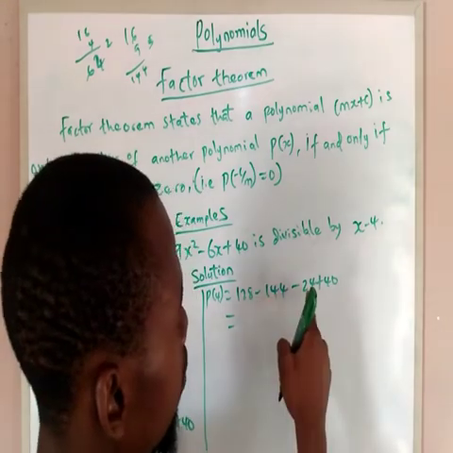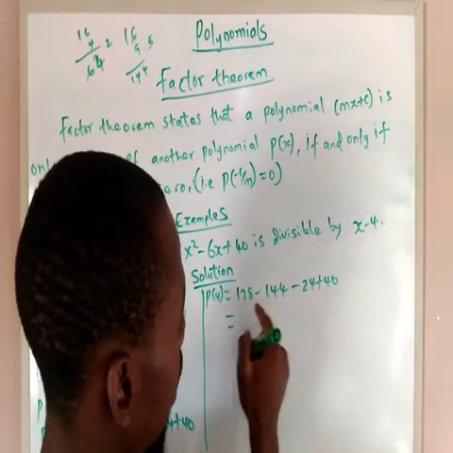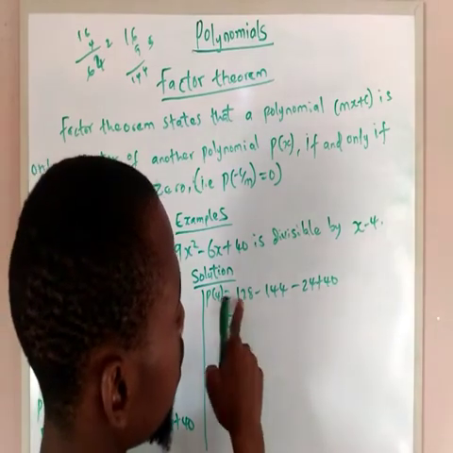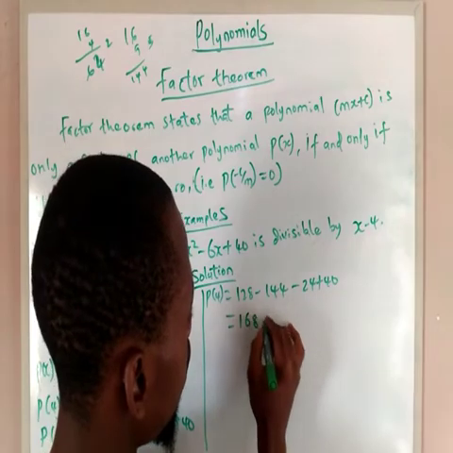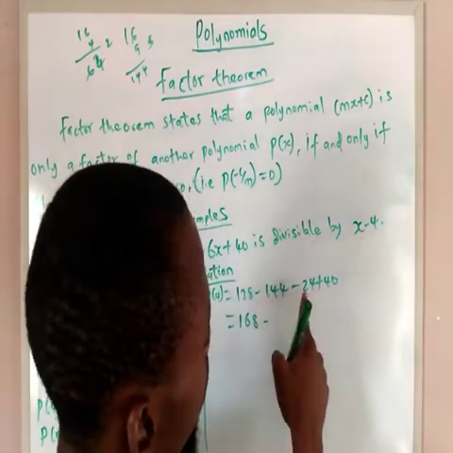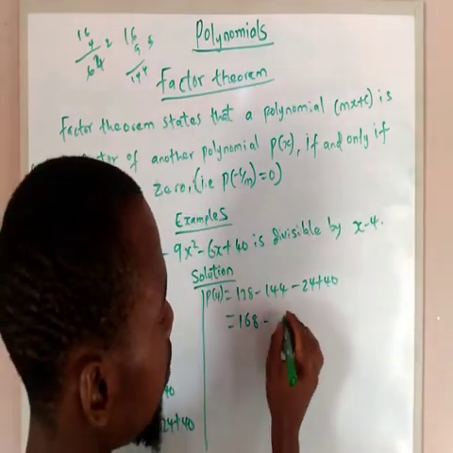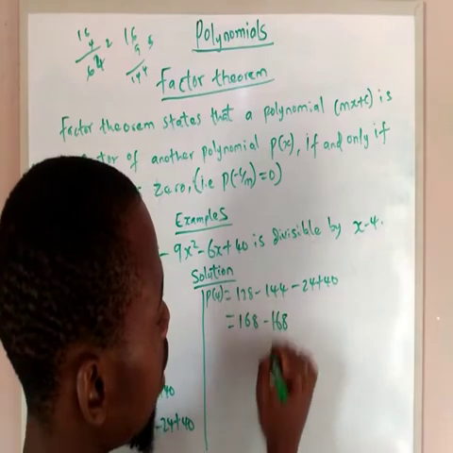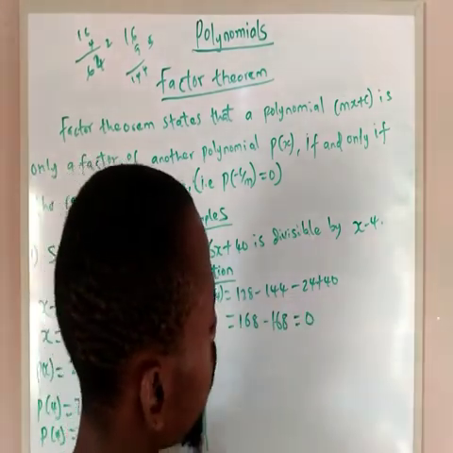Let's go with the plus first. 128 plus 40, that will give us 168, minus 144 minus 24. So we have 144 plus 24, that will be 168. So we have 168 minus 168, and that will be equal to 0.